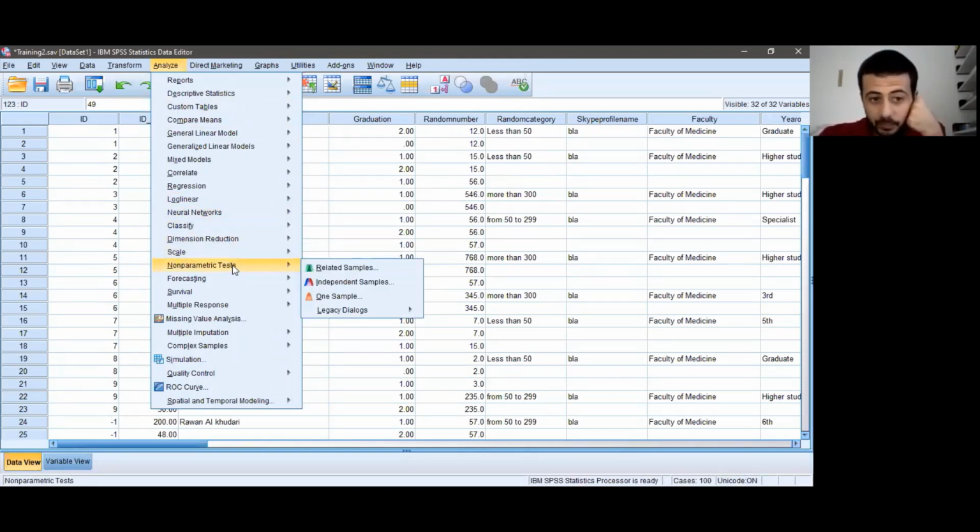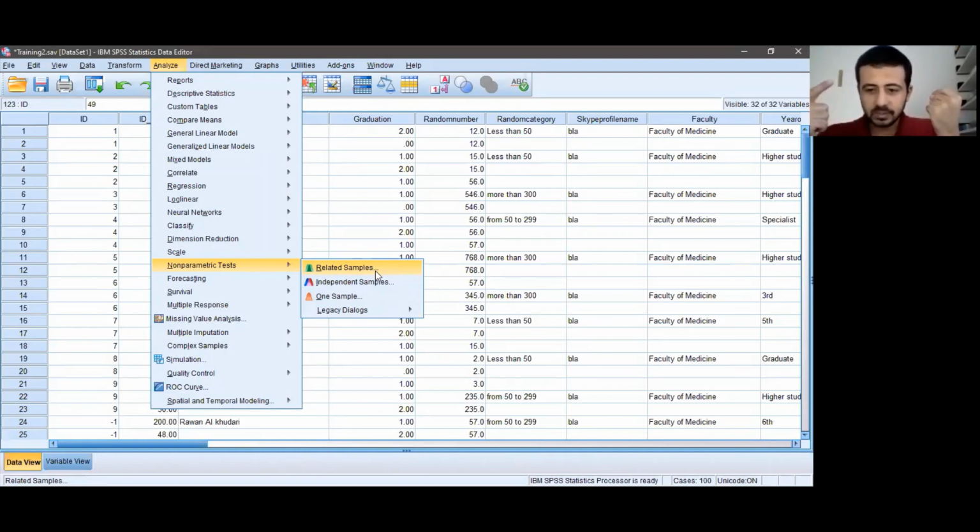We'll take non-parametric tests from Analyze, Non-parametric Tests. What do we have? Independent samples, one sample, related samples. Related samples are like paired t-tests.